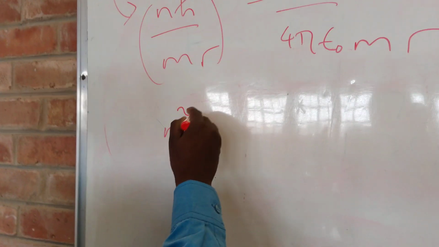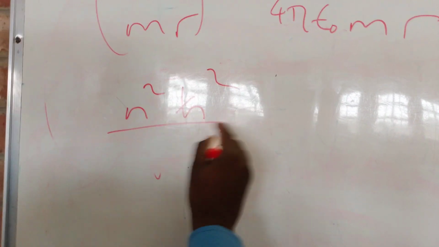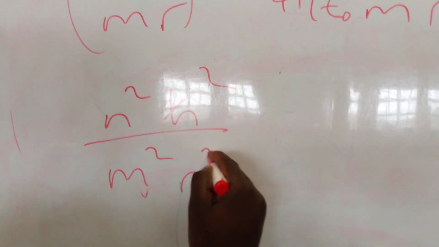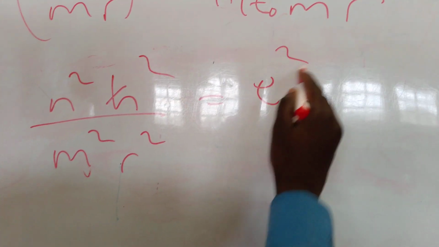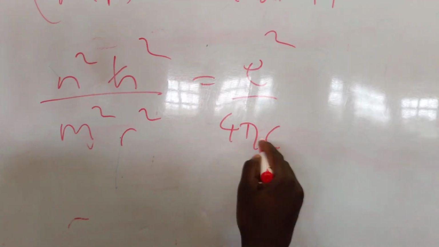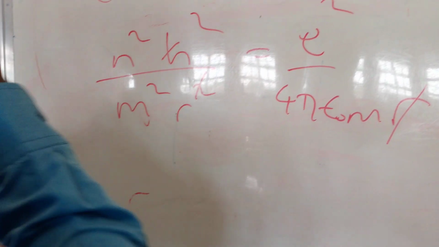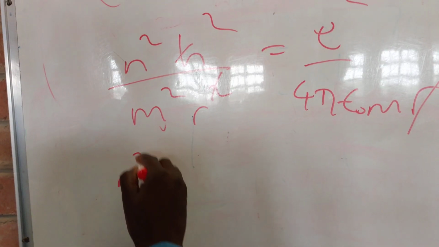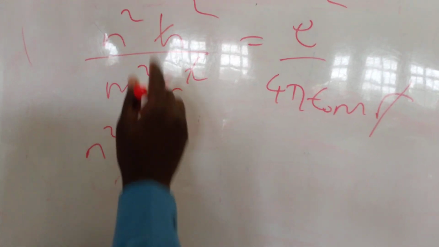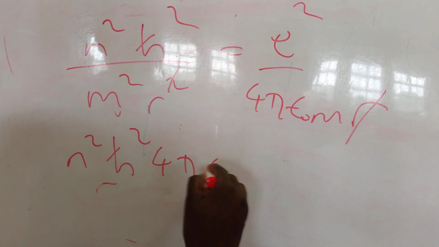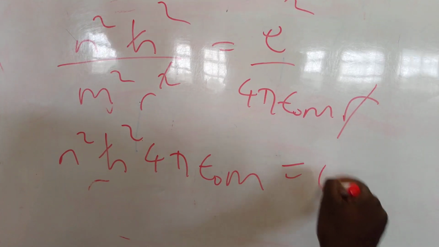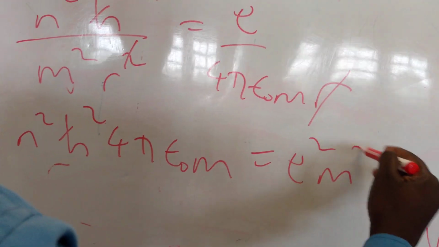So this would become n squared h bar squared over m squared r squared is equal to e squared over 4 pi epsilon naught mr. So these r's cancel. So I'm going to cross multiply this and get n squared h bar squared 4 pi epsilon naught m is equal to e squared m squared r.